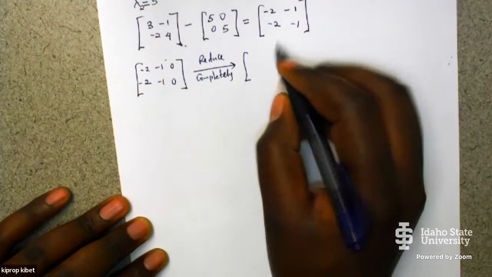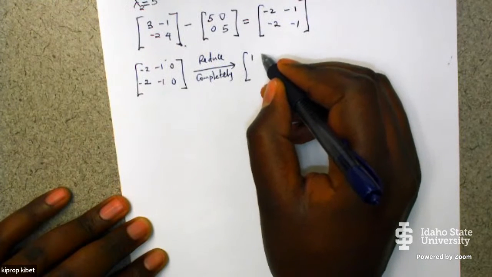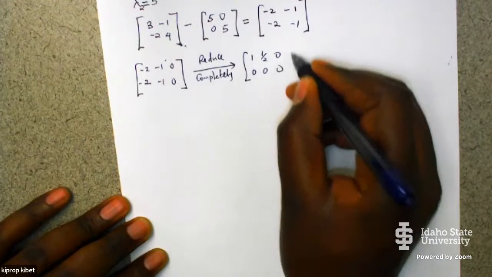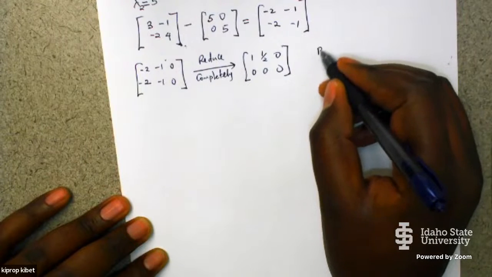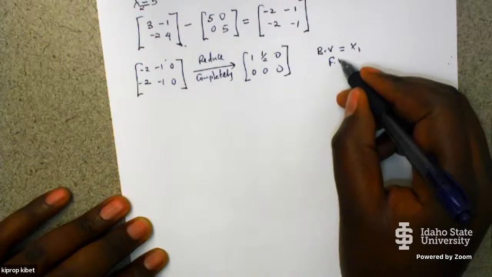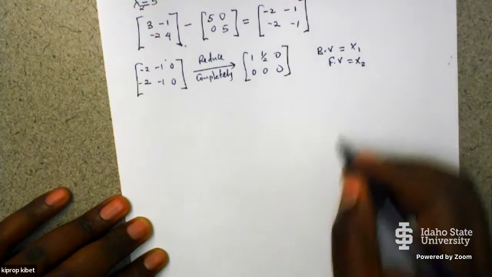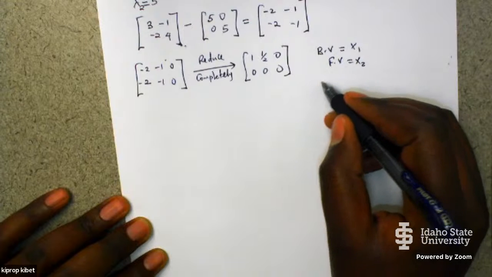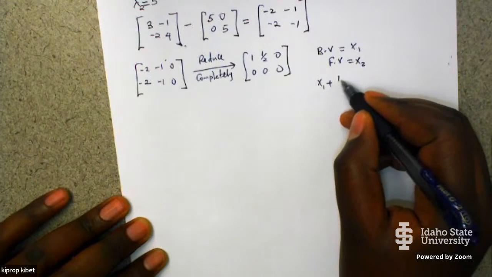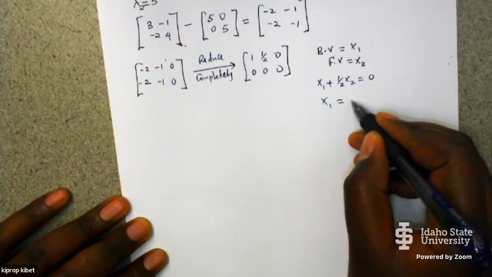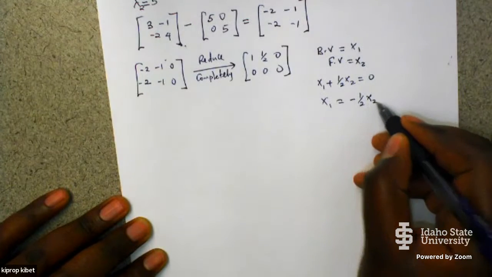When we reduce this completely, what we get is 1, 1 over 2, 0, and then 0, 0, 0. So here our basic variable is x1 and our free variable is x2. So our new linear equation here is x1 plus 1 over 2 x2 equals 0, so x1 equals -1 over 2 x2.